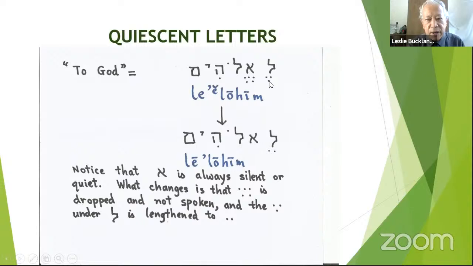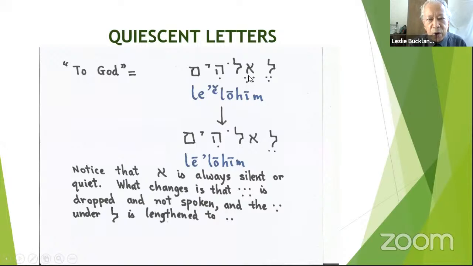But what's happened here is that there is a grammatical rule that says that when the simple Shawa, which is there originally under the Lameth, comes side by side with the composite Shawa, since two Shawas cannot be side by side together, then what has to happen in the case of a composite Shawa is that the simple Shawa under the Lameth has to take the short vowel of the composite Shawa.